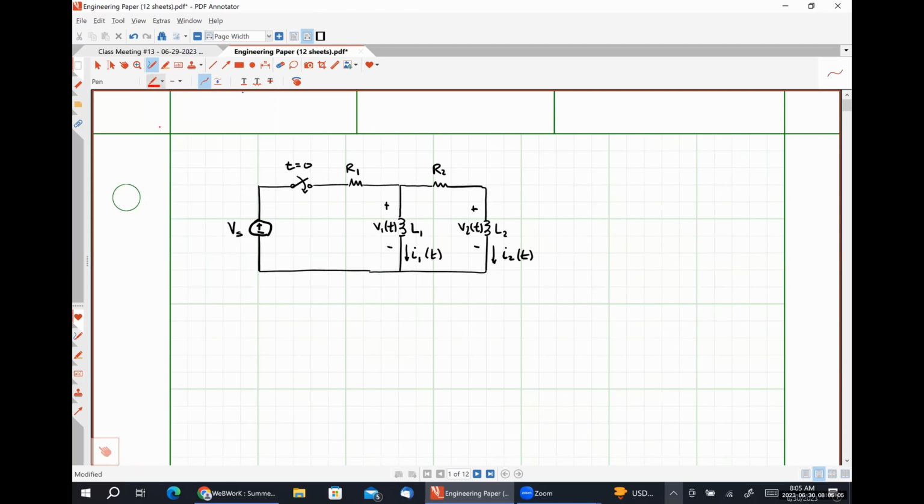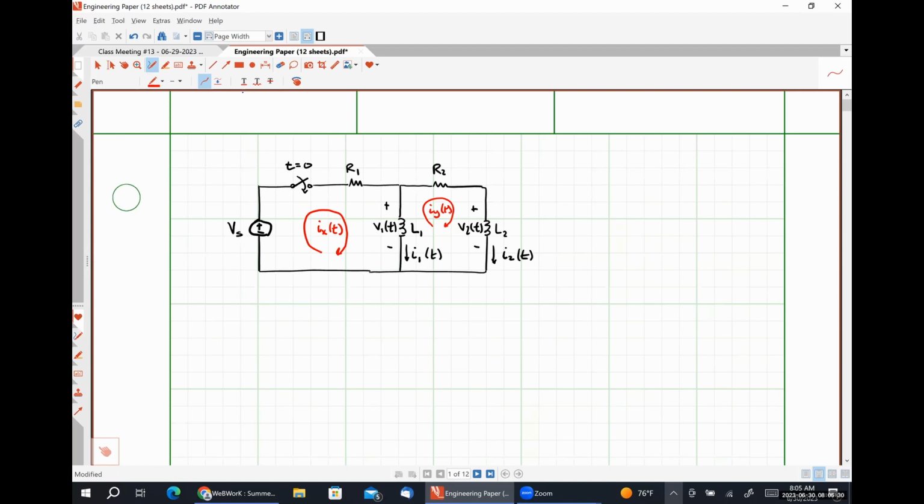So I'm going to define my first mesh current here. I'm going to call this current Ix of t. And the current around my second mesh will be Iy of t.